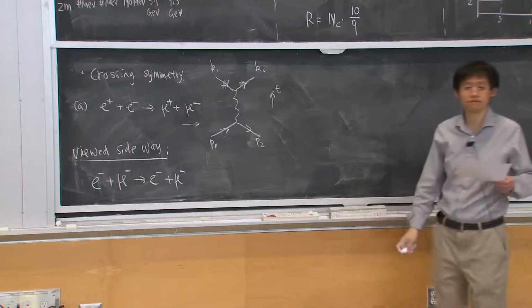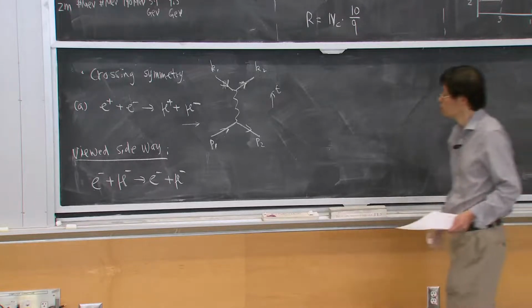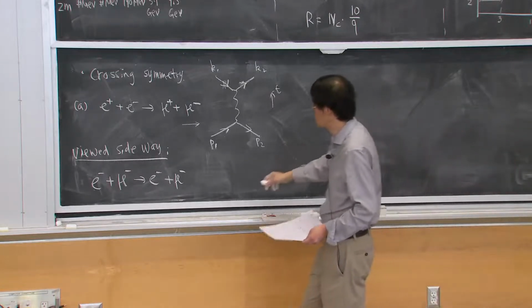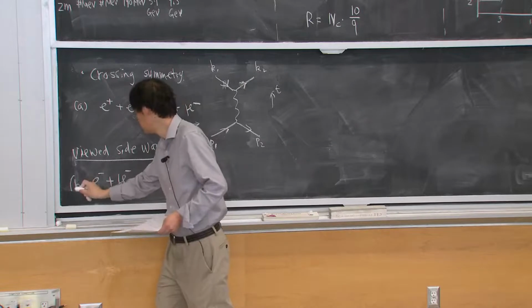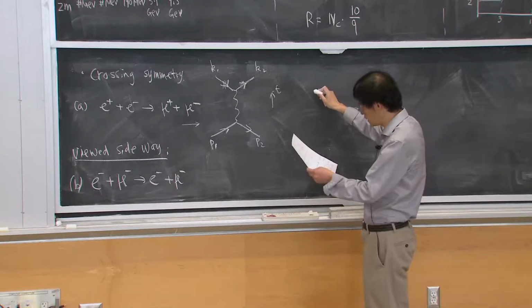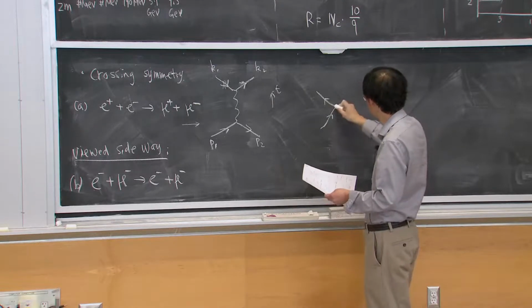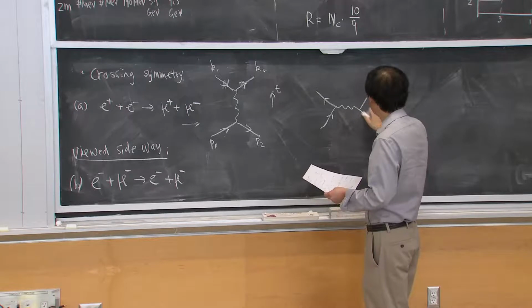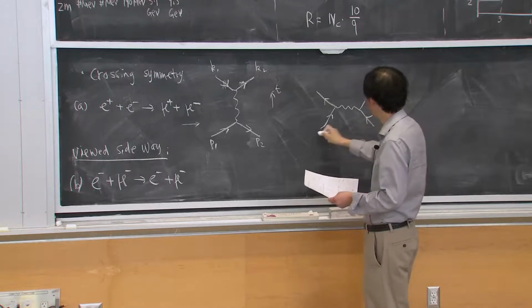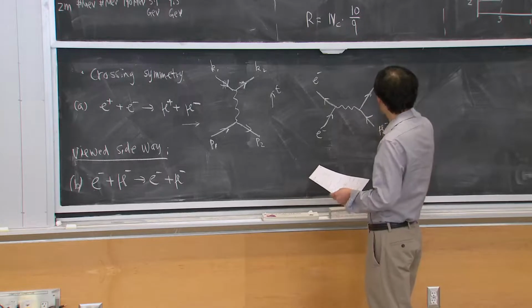So you get this process. When you view it sideways, you have a diagram like this. If I draw it again with time going up, then it is like that. Now this is E minus, mu minus, and mu minus.